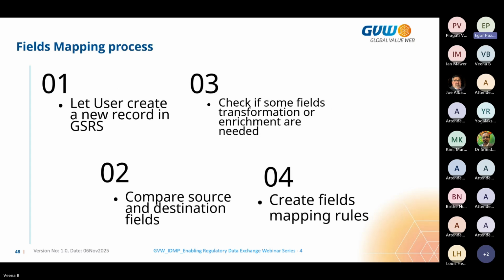So how do we do this field mapping process? When we started, I let the user create new records in GSRS and check what source information can be used in newly created substances.